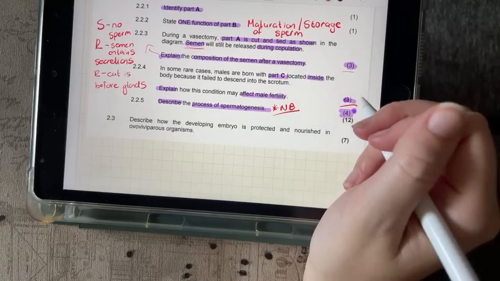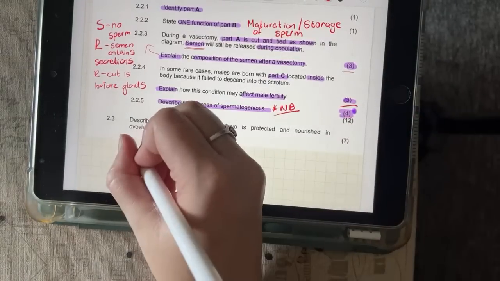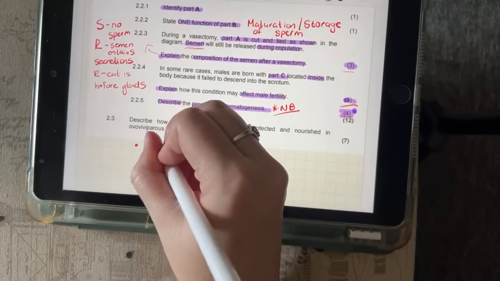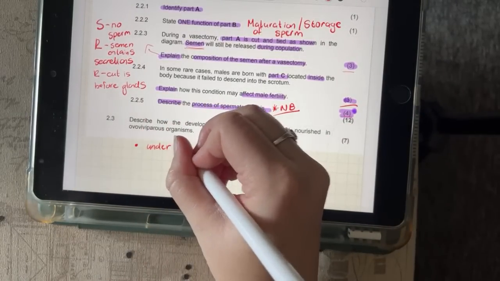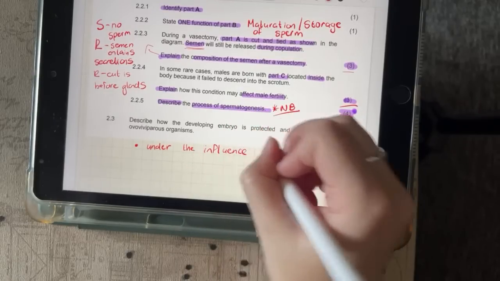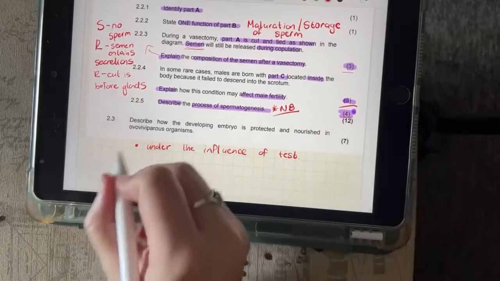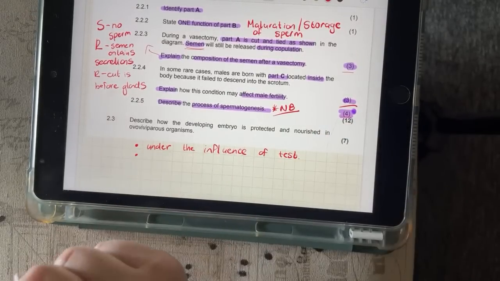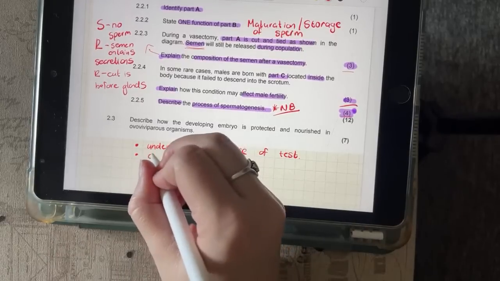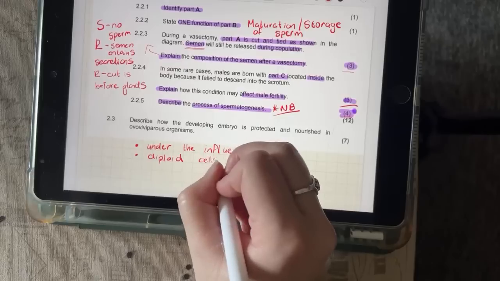Sonki, your answer is really good. So what we're looking for here for 4 points is we're going to talk about, under the influence of testosterone, I'm not going to write the whole thing out just to save some space, we're going to talk about diploid cells.